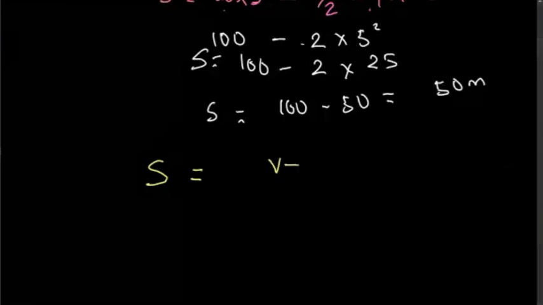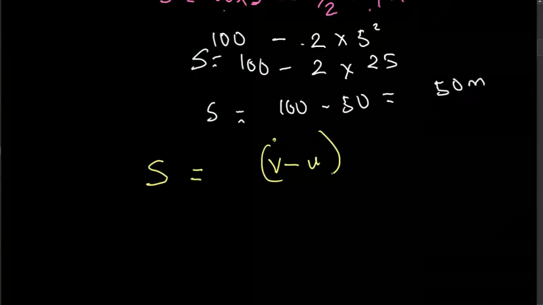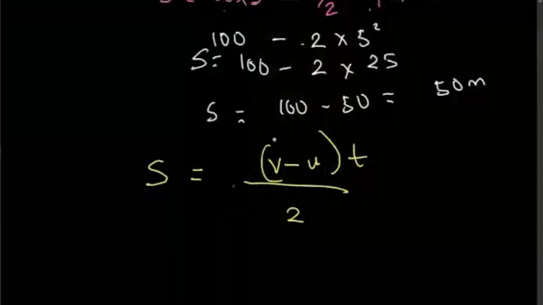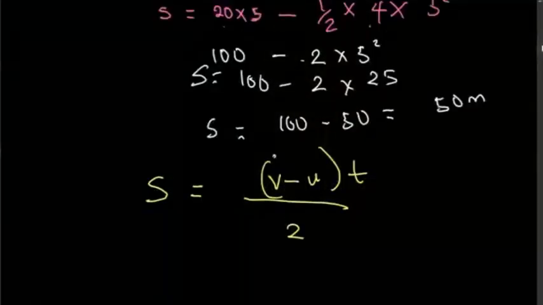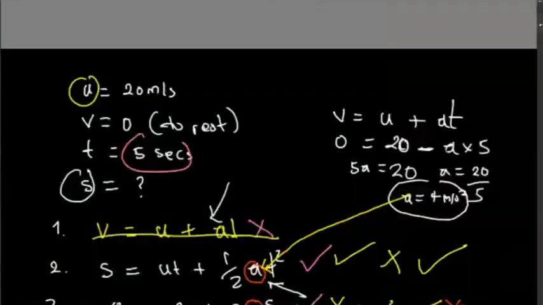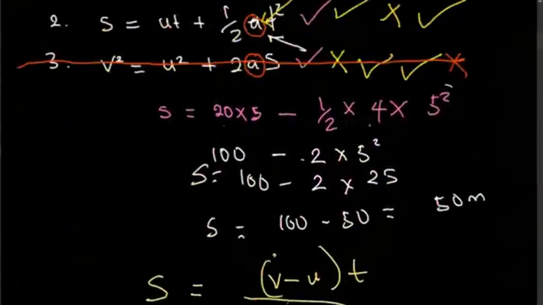V minus U, T, all over 2. So we make use of everything.